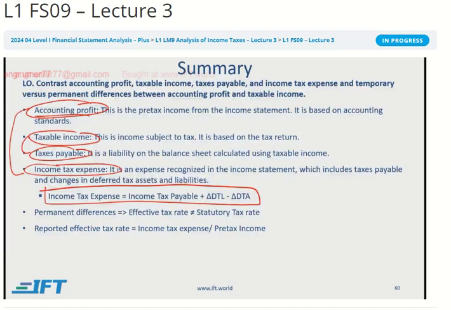However, what I would suggest is intuitively trying to understand what's going on over here. So first of all, this is just net change in DTL, where you take your change in DTL and minus your change in DTA, right? And if DTL is going up, that means that you're paying less now, you have to pay more in future.